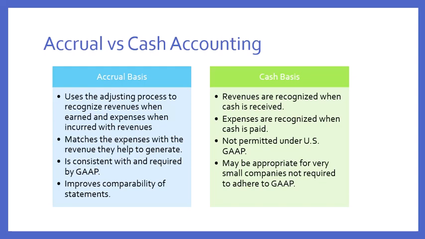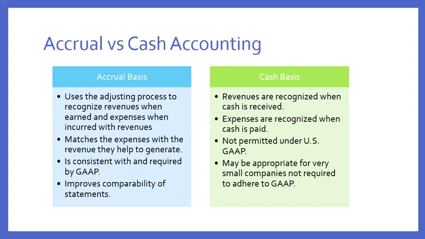Under the accrual basis of accounting, we follow the revenue recognition and expense recognition requirements under U.S. GAAP, that is generally accepted accounting principles. And that simply says that we are going to recognize revenue when we earn it, that means when we provide the good or service to the customer, and we are going to recognize expenses when they are incurred, regardless of when the cash actually changes hands.